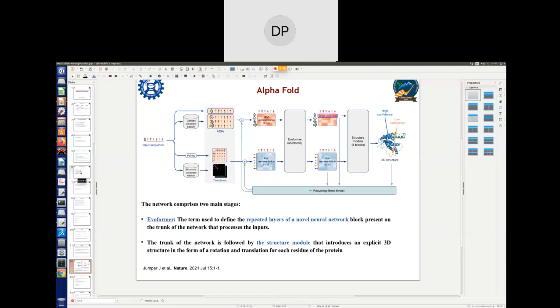It is not available currently, but they claim that they modeled all proteins of the human body within, I think, 24 hours or 2 days, a very short time, and the accuracy is very high compared to other servers or software we have, like I-TASSER and all. The accuracy of this is very high. In CASP, AlphaFold is on the top.